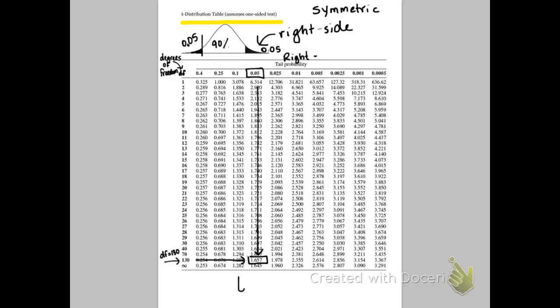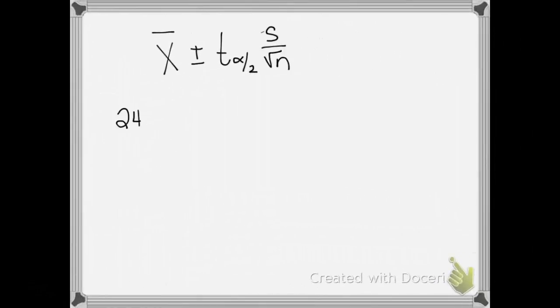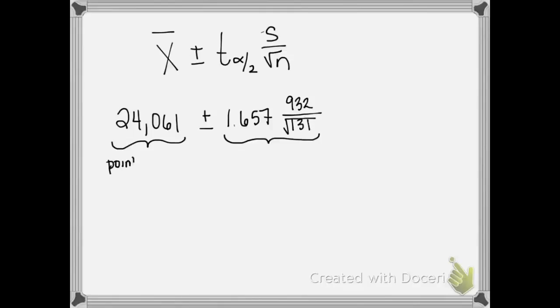We go to the row of 130, and we get our critical t value of 1.657. Both of those methods told us our critical t value, which was negative 1.657 and positive 1.657.